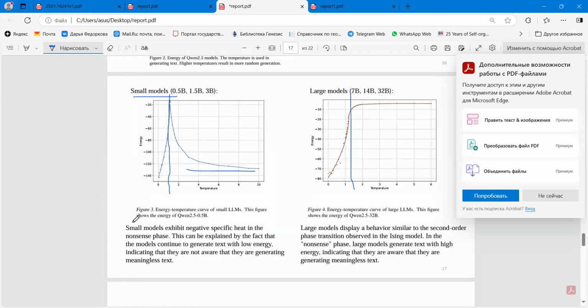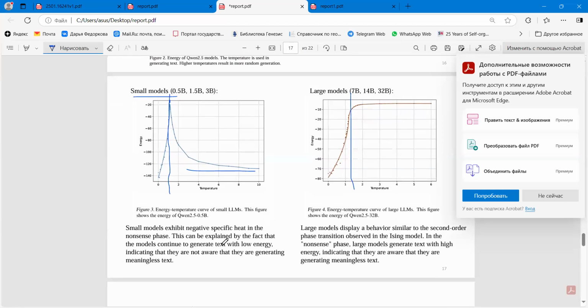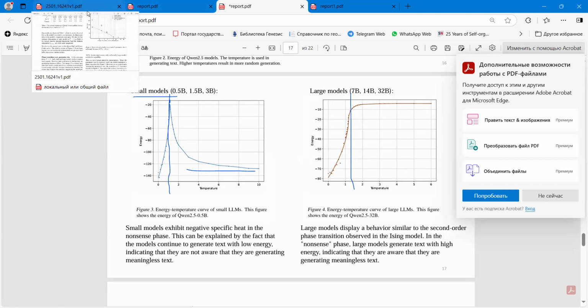I don't know. I'm confused. But the one thing I do agree with is that the study of the phase transitions would probably tell us something interesting about how large language models work. So I don't know. Okay.